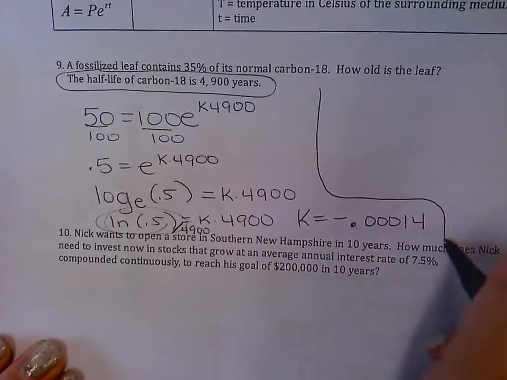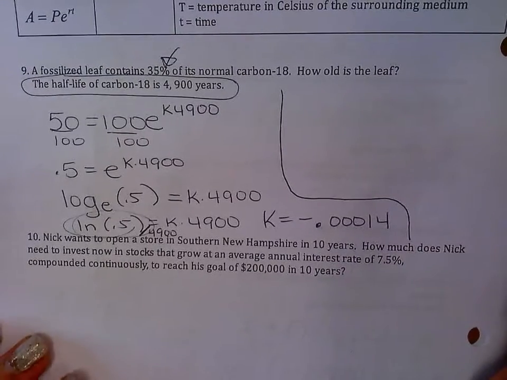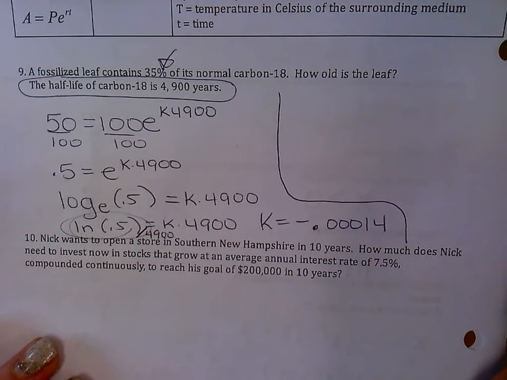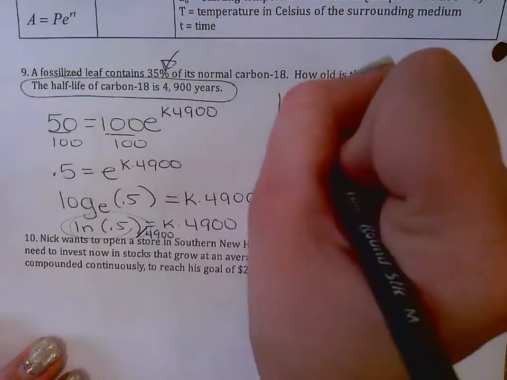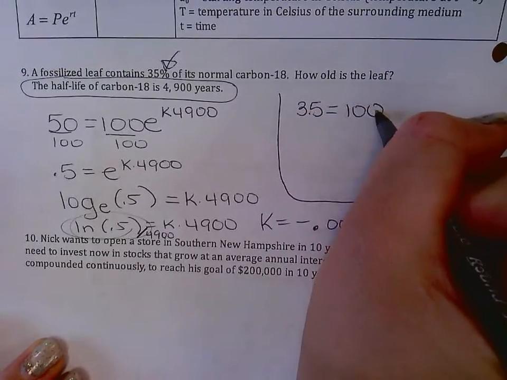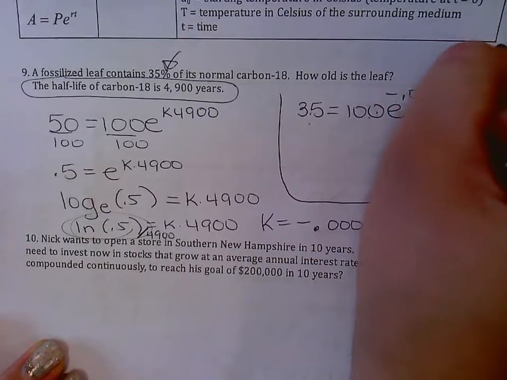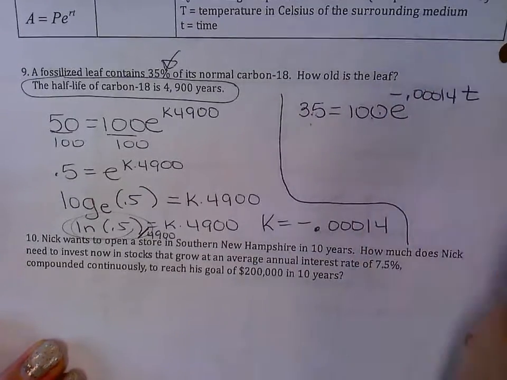So kind of part 2, now I need to go back to the question. I want to know how old this 35% carbon leaf is. So I'm going to rewrite the original problem as 35 and 100. So I start with 100, I end with 35. Now I know K, but I do not know the T value.